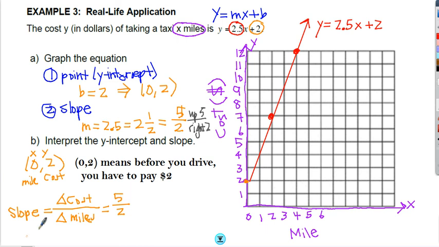So your explanation will look something like this for slope. 5/2 means for every 2 miles, you pay $5. Now, if you're traveling 4 miles, then you need to pay an additional $10. 6 miles, an additional $15. But again, even if you don't ride anywhere with the taxi, even if you travel 0 miles, just for getting the taxi, you have to pay $2. And then it's $5 for every 2 miles.